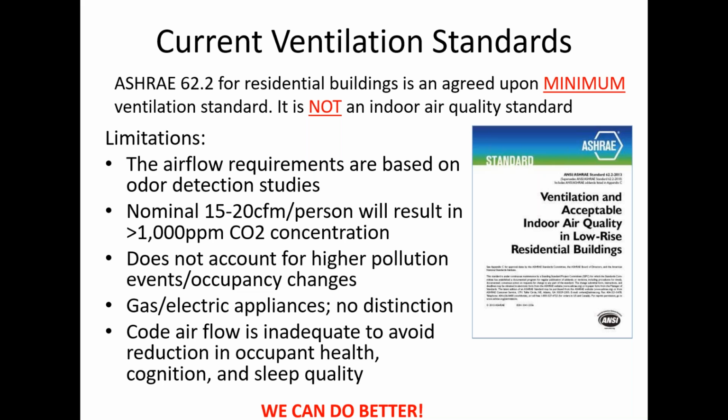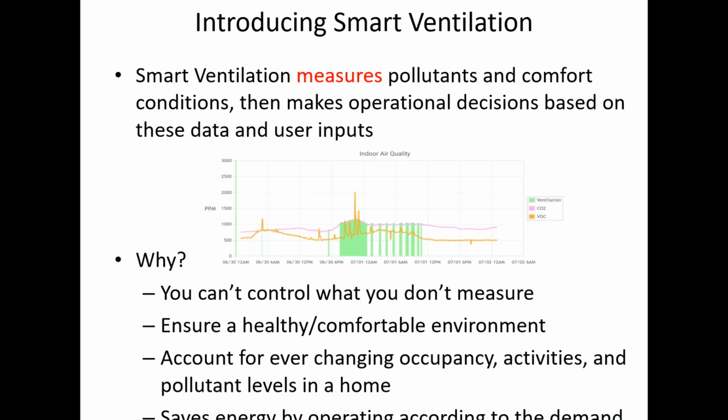Gas and electric appliances are treated the same way. And then, as I mentioned with the CO2 concentration, the standard's inadequate to avoid reductions in occupant health, cognition, sleep quality. These things are greatly impacted at levels of 1,000 or more CO2 concentration. So we can definitely do better than the minimal standards.